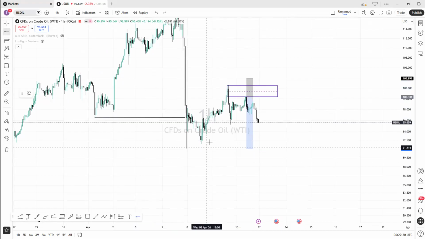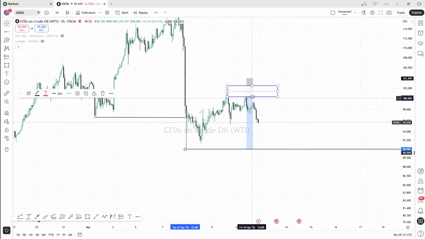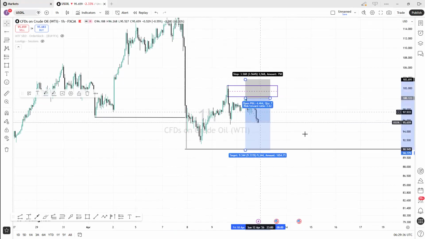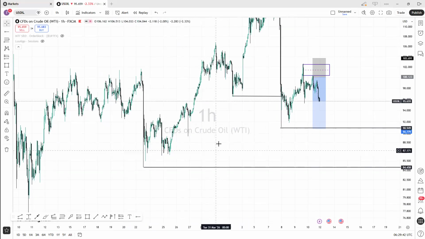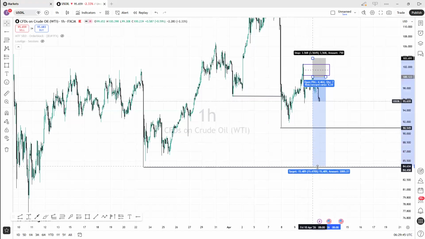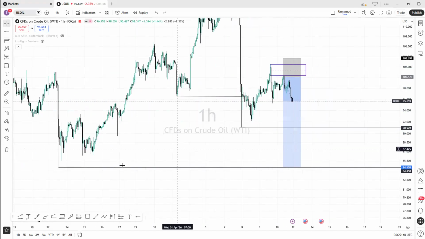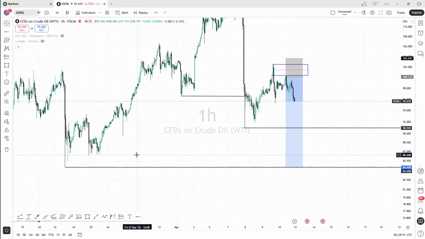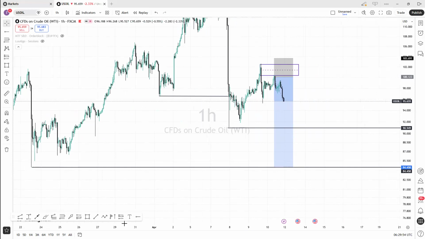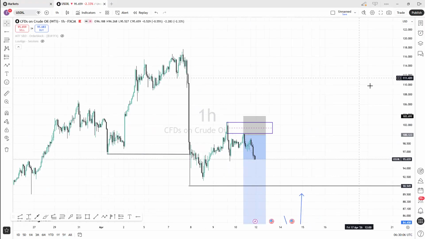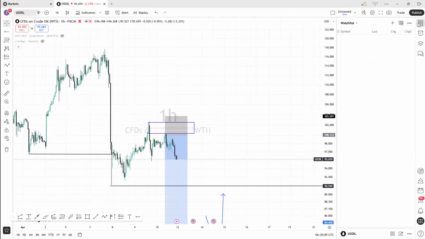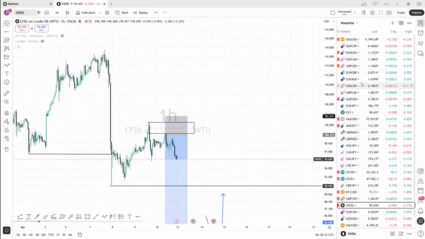Here we have this sell side liquidity, and also here we have another liquidity. So expect oil will drop until it takes out that liquidity. It is a very clear liquidity zone. After the liquidity sweep, later we'll find buys on US oil. But for now, you see the market structure, oil is bearish, so we have to find short positions only. Okay, so that is it.